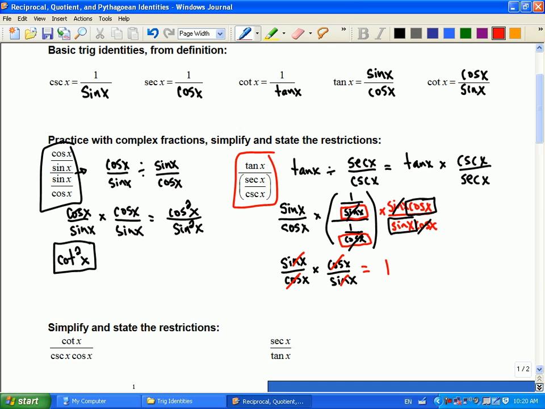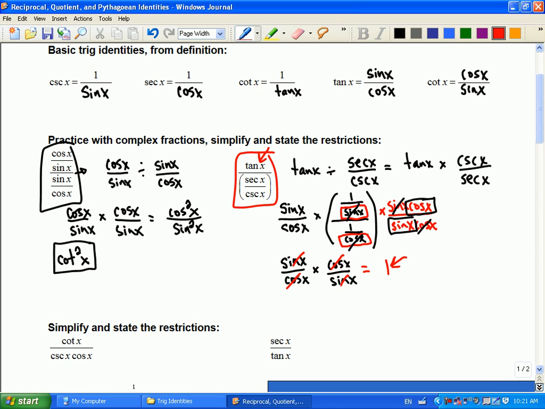Okay. Now, it's important when you do this stuff, and you're going to see again when we work on log equations and other things like that, we can change something and give it a new form. But when we do that, we may lose part of the problem. And one thing we lose here is that 1 is never undefined. But in the original problem, that tangent graph, you should remember it.